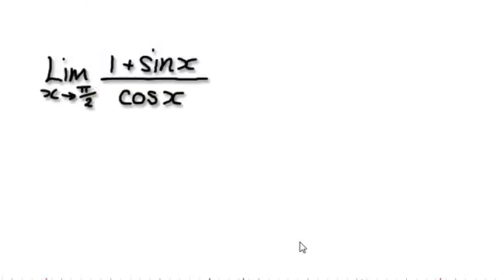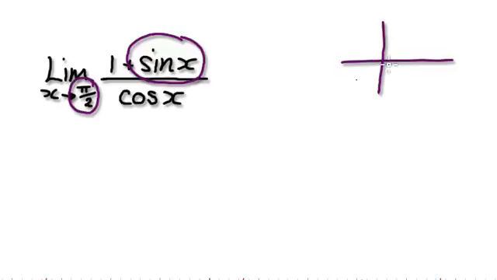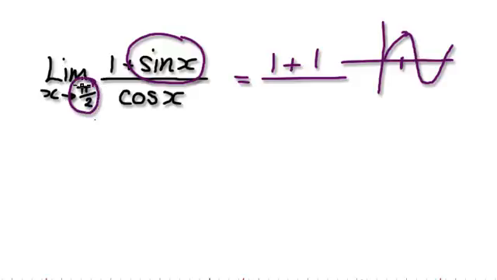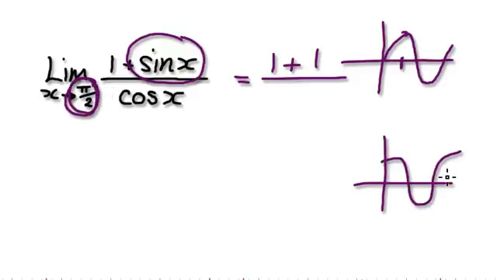So looking at this, you should realize that as x approaches pi over 2, sine looks like this. Pi over 2 is 1 here. So this will be 1 plus 1 over, and then when you look at the cosine, it will look something like this.